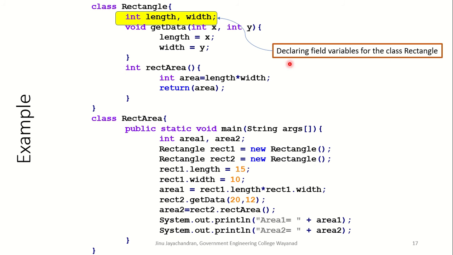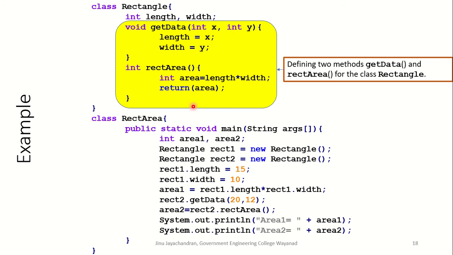So let's go step by step. Initially you have declared the variables length and width, and the methods inside the class Rectangle. One is getData with input parameters x and y of type int. You have rectArea being declared, which is a method. It doesn't have an input parameter, and it returns an integer data type.